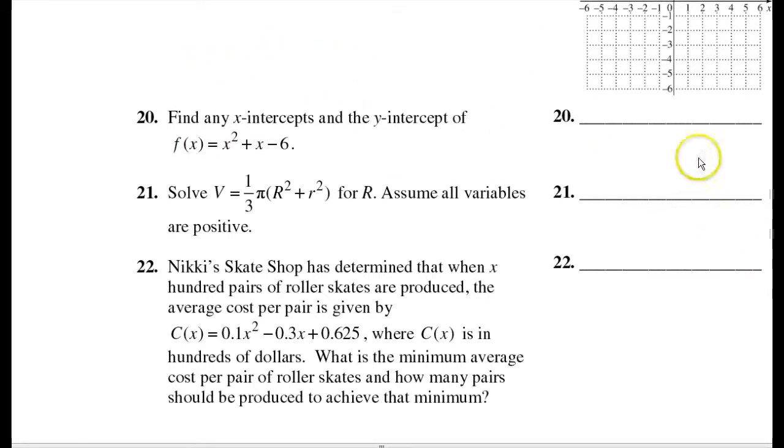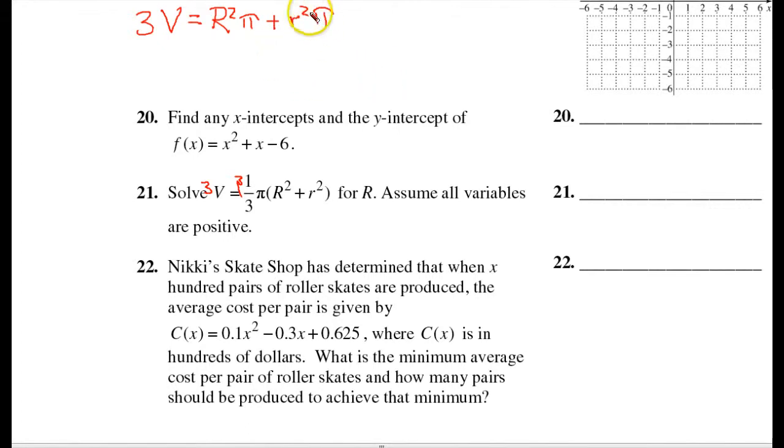Now the first thing we're going to do is get rid of our 3 here. This is just one term, so if we multiply both sides by 3, the 3's cancel out here, and we get 3v, and I'm going to distribute the pi, R squared pi plus lowercase r squared pi.